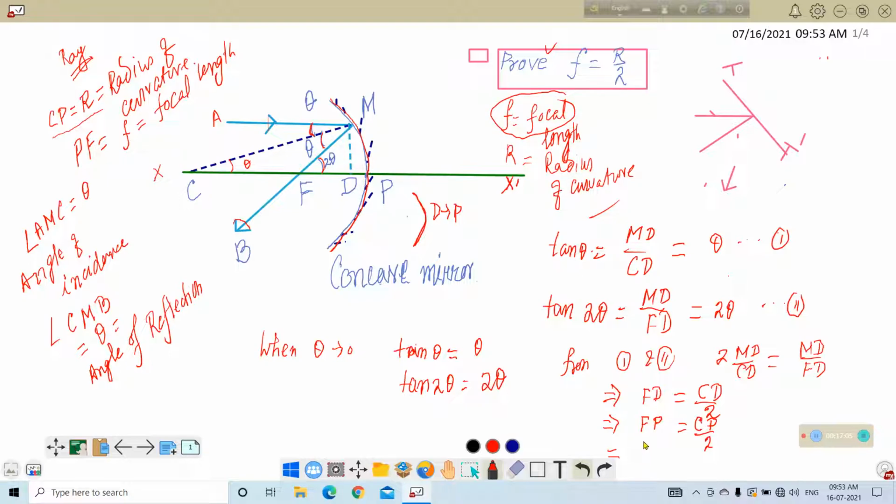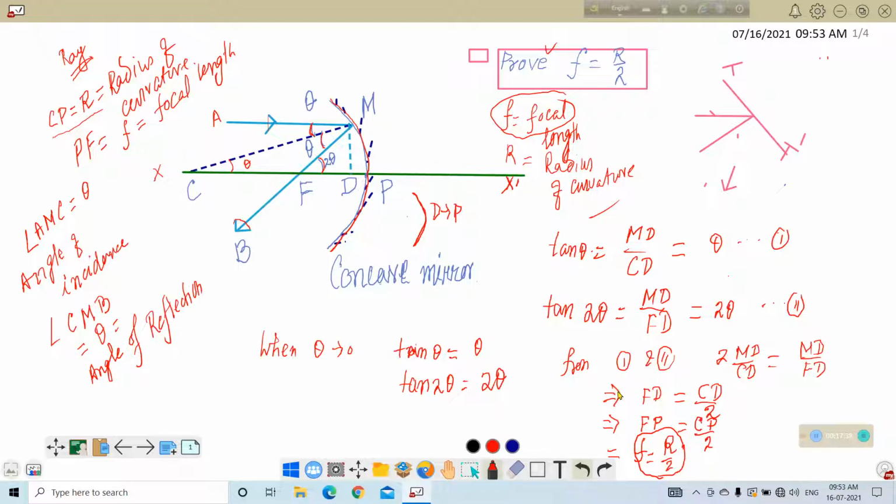So F is equal to CP, the distance of the center of curvature from the pole, and it has been considered to be equal to R. R is equal to radius of curvature. So F is equal to R by 2.